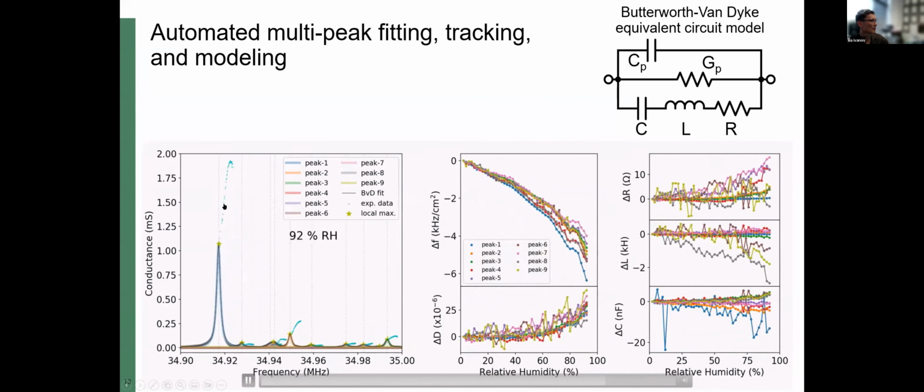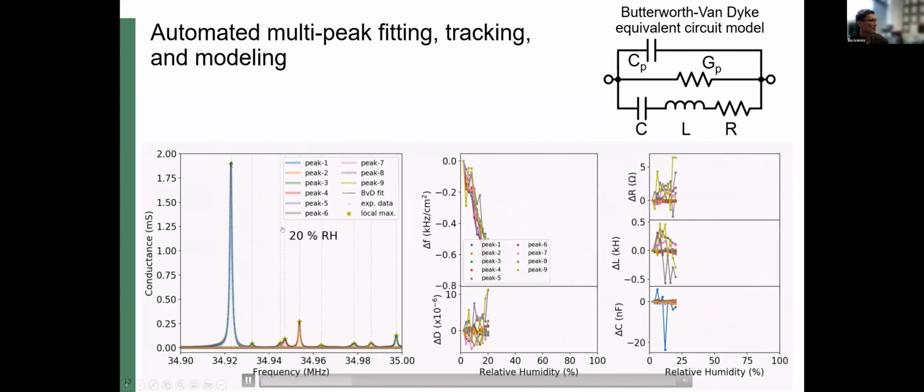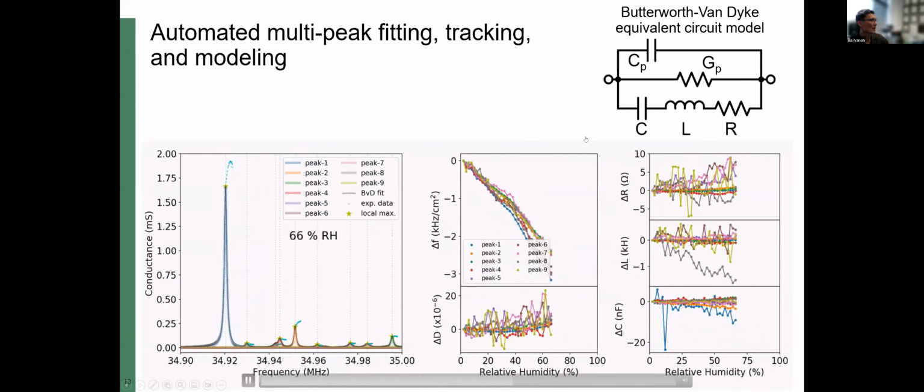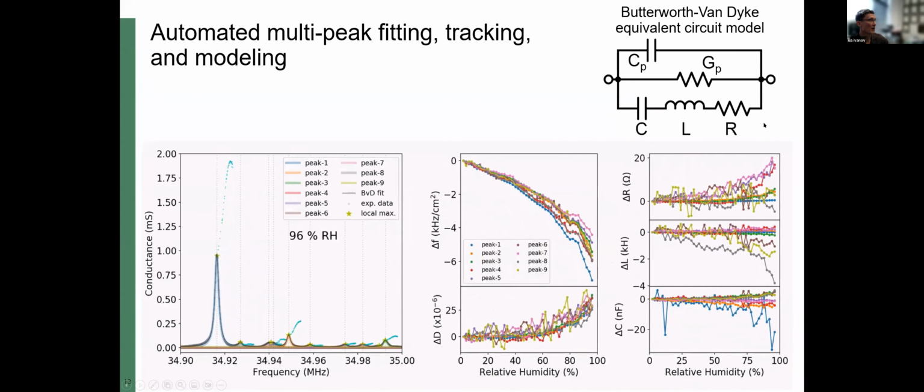Based on a model that you can feed the shift in peak position while changing environments, we can use one of five potential models.